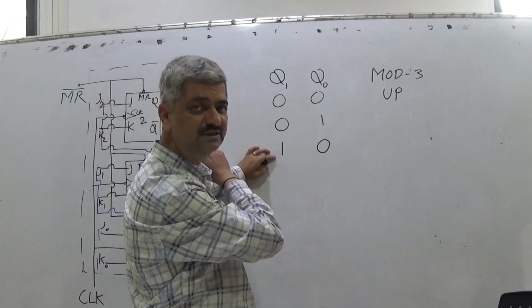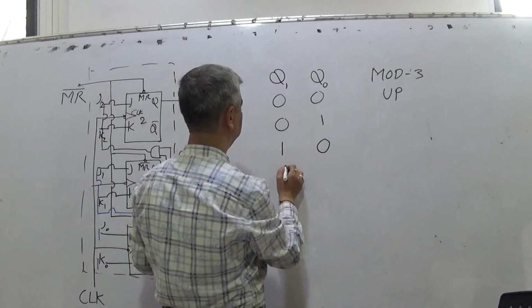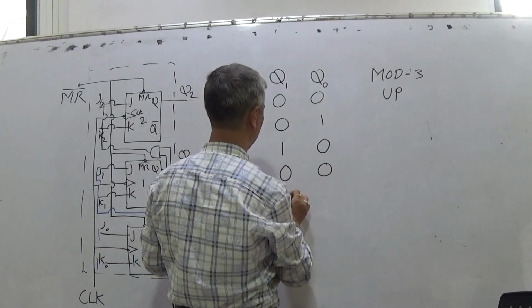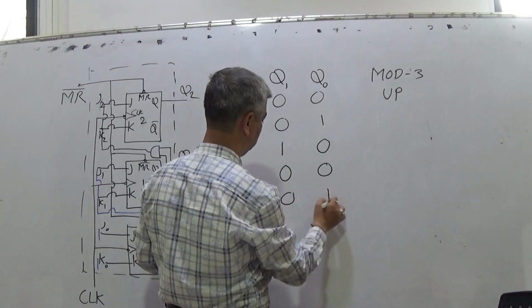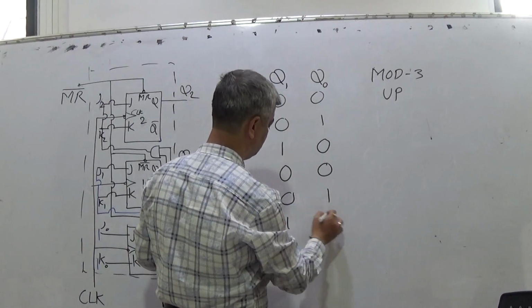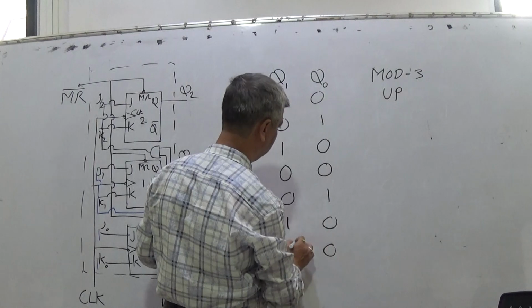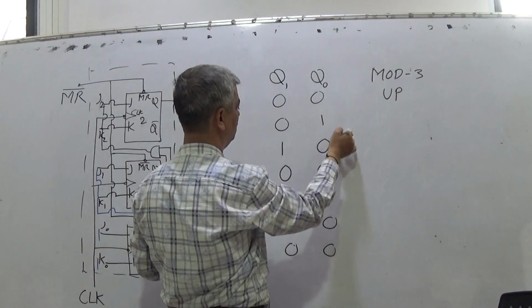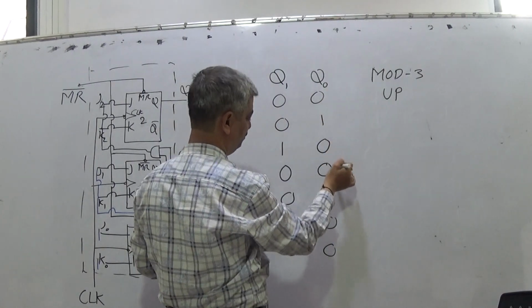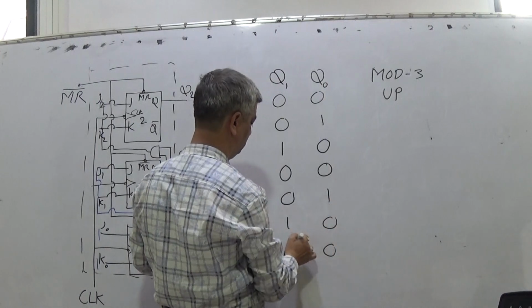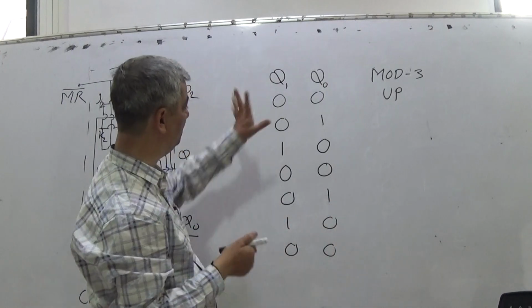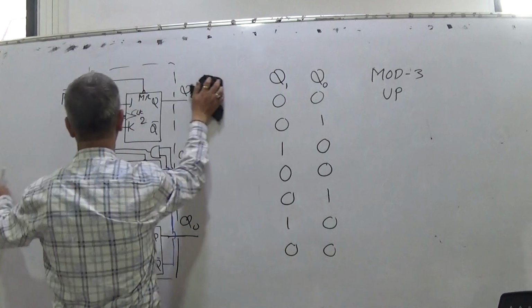The counter is over now. Next state is 0 0, then 0 1 and so on. It should count in this way: 0 0, 0 1, 1 0, 0 0, 0 1, 1 0.